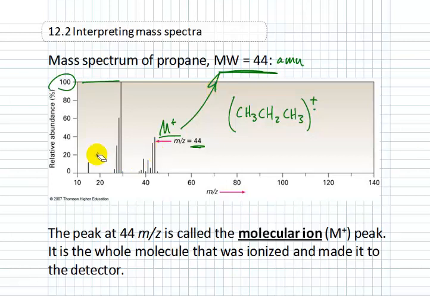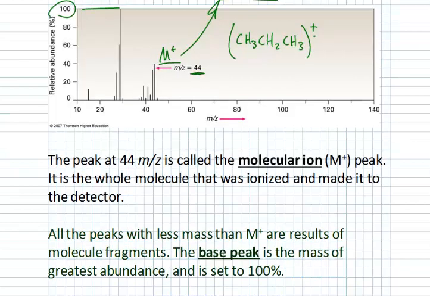Notice that we have several peaks that are less massive than the molecular ion peak. All of those correspond with the fragments that were formed. Originally, when the substance was hit with those electron beams, sometimes the molecular ion was formed, but a lot of times this molecule fragments.